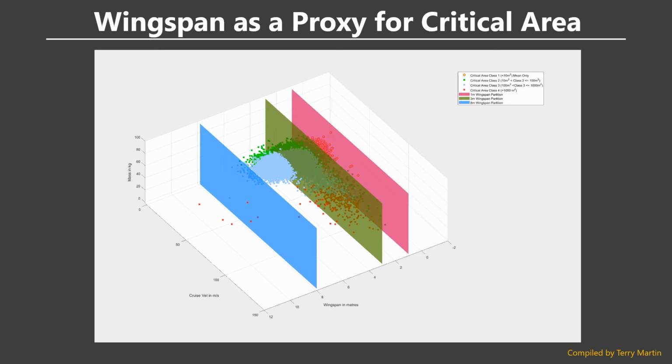And what you're also seeing here is the vertical planes, which represent the nominal wingspans that are currently embedded in the SORA GRC. As you can see, particularly when viewed from above, wingspan alone doesn't do a particularly good job in segregating out the critical areas, which means that you'll have some platforms potentially operating and getting OSOs for a column that it probably shouldn't.